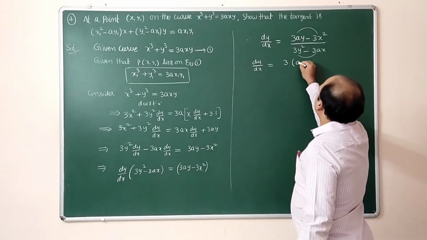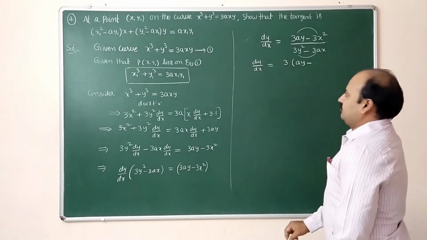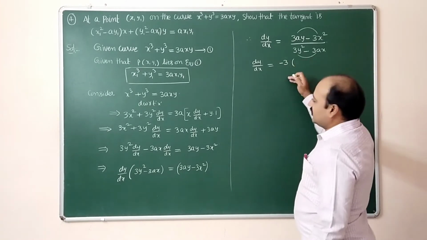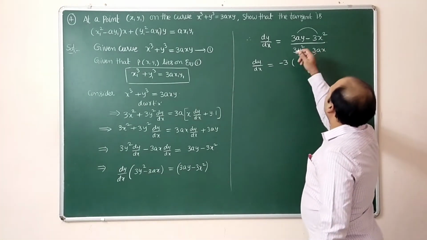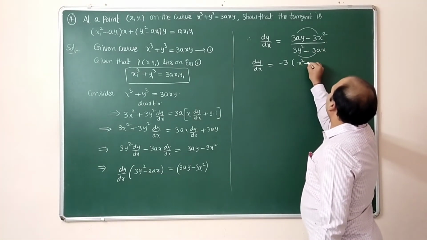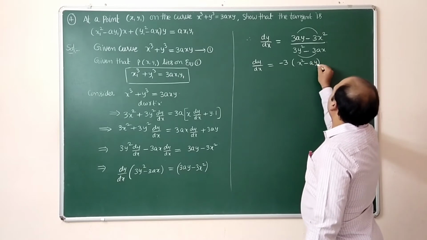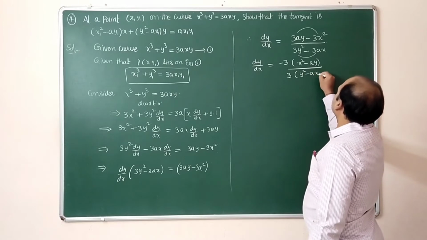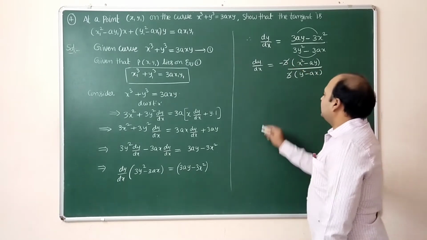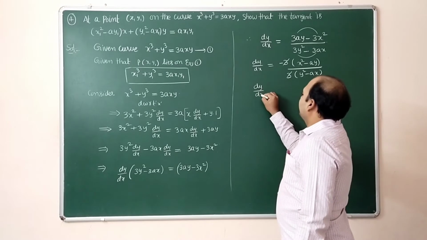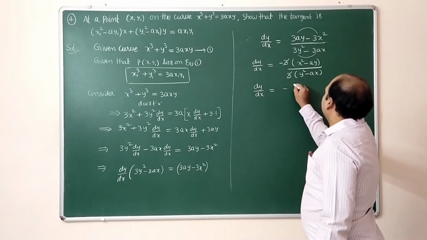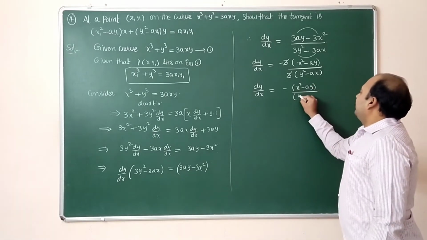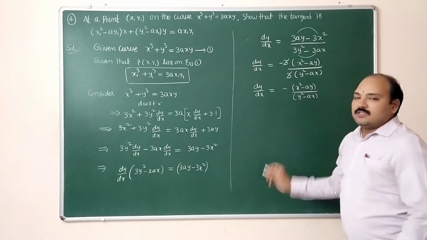Better to take minus 3 common, because it will help in the coming steps. Minus 3 if you take common, (x square minus ay), divided by 3 common, (y square minus ax). So here 3 gets cancelled. dy by dx is equal to minus of (x square minus ay) divided by (y square minus ax). This is the slope of the curve.